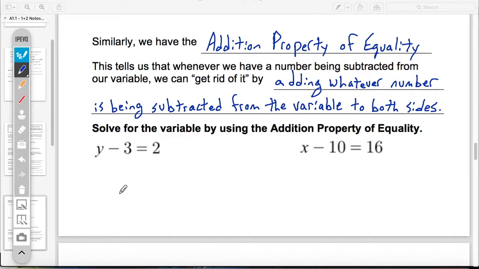Okay, so I think the best way to learn these, let's do some more examples. So again, I have my t-chart. That won't change. So 3 is being subtracted from my variable y. So using the addition property, I'm going to add 3 to both sides. So negative 3 plus 3, that cancels, so I'm left with a y equals 2 plus 3, which is 5.